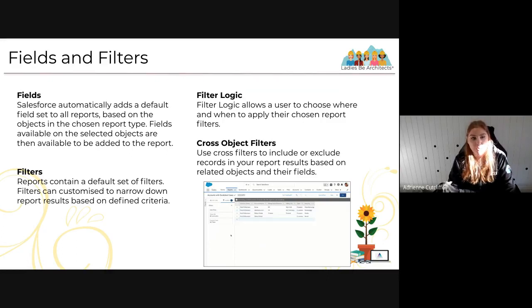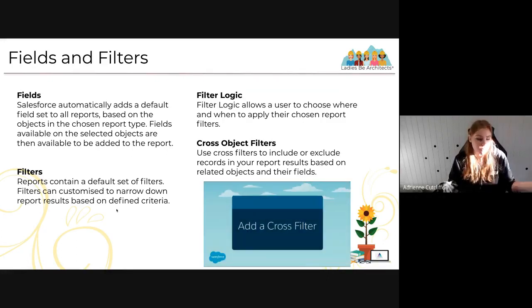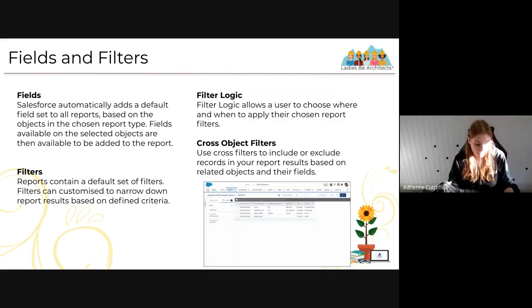Some report types also let you select objects from relationships further up. So maybe you might have a contact report that you'll notice you can select account information from. So that's just an example of some other fields you can add there. All of these fields can be added via drag and drop.